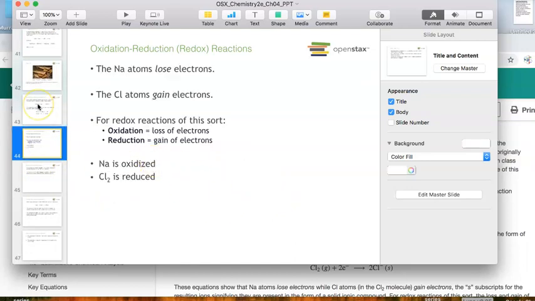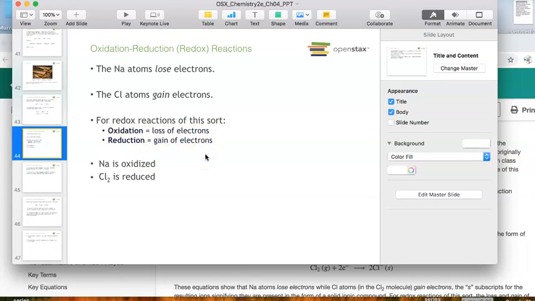So we know sodium is a group 1 metal, so metals lose electrons, and chlorine is a nonmetal, and nonmetals tend to gain electrons. So for redox, RED stands for reduction, and OX stands for oxidation. Instead of saying oxidation-reduction reactions, we just call them redox reactions. It's sort of like a nickname. Oxidation is a loss of electrons, reduction is a gain of electrons.